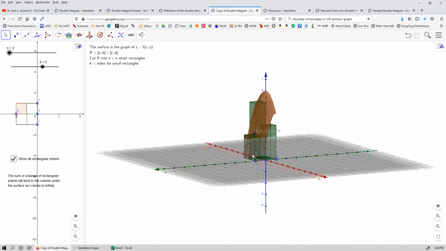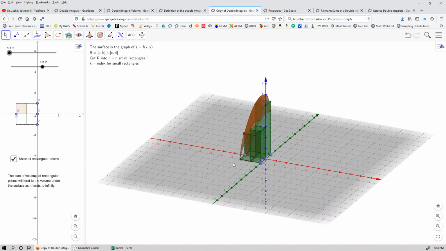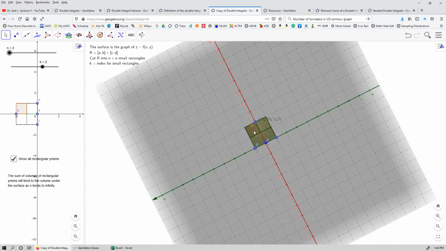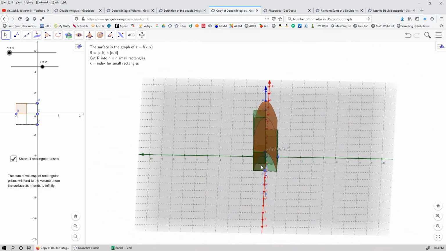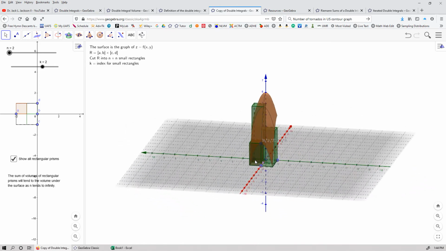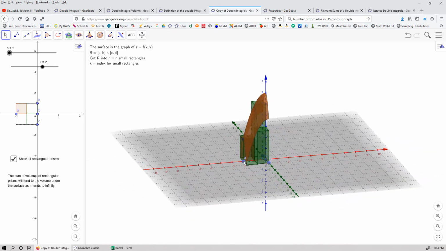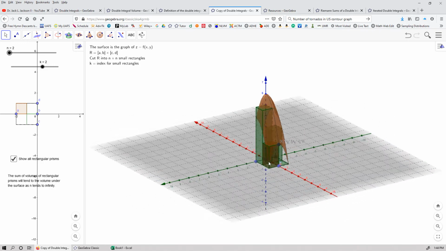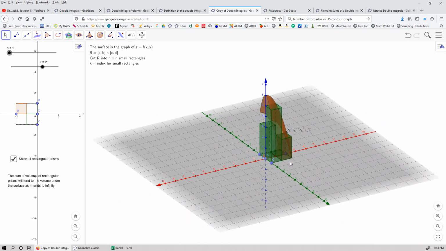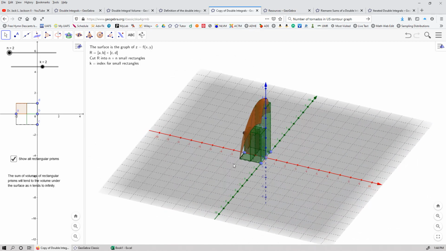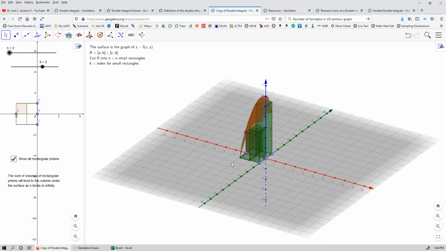So you can see the ones there. So you can kind of see the square there on the bottom, rectangle, and by looking at this moving around, you can get a feel for the different shapes, the different heights and things that we're looking at. Okay, we may come back to that in a minute.